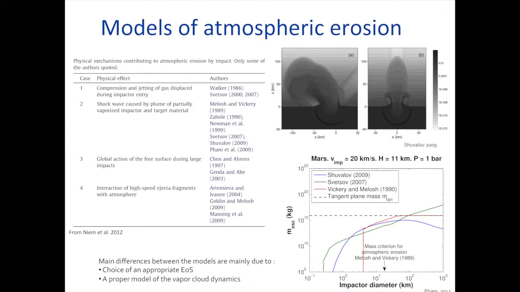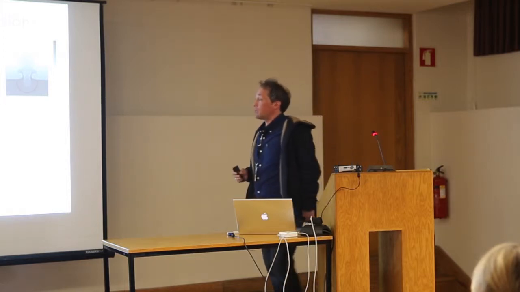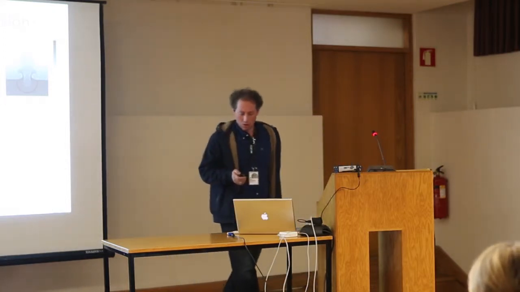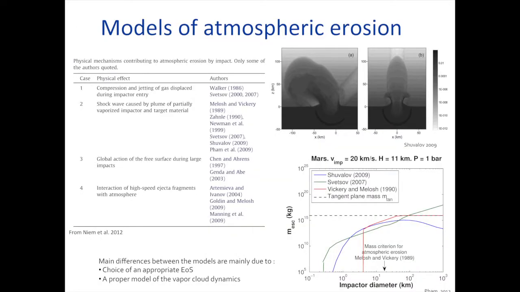If the impacts are very large, then the free surface motion and the interactions of the high-speed ejecta fragments with the atmosphere also become important parameters. Considering the complexity of the problem, it's probably not surprising to see that for a given impactor diameter, the escaped mass may vary by 1 or 2 orders of magnitude, or even more, between different models.